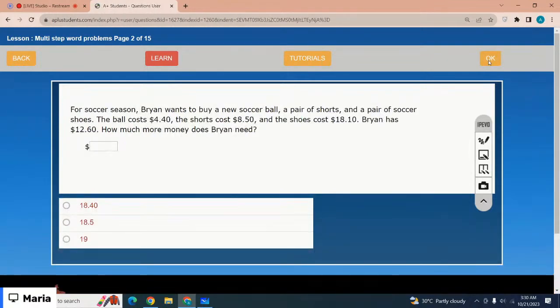Okay, the next one is for soccer season, Brian wants to buy a new soccer ball, a pair of shorts, and a pair of soccer shoes.